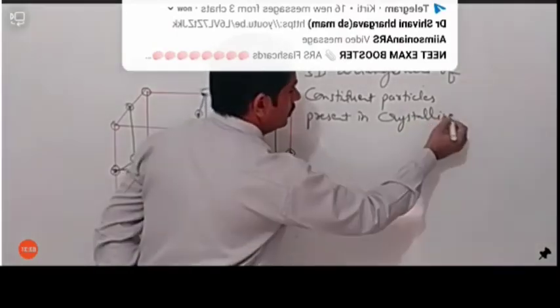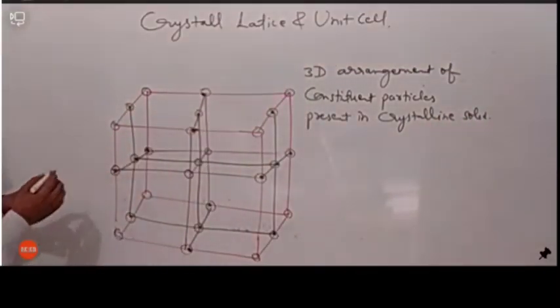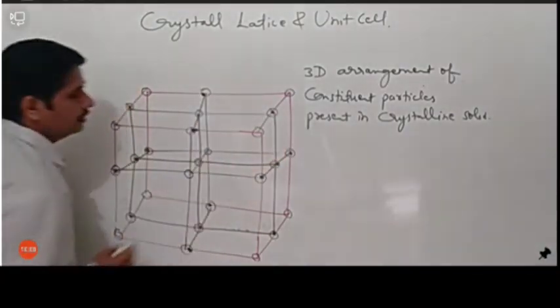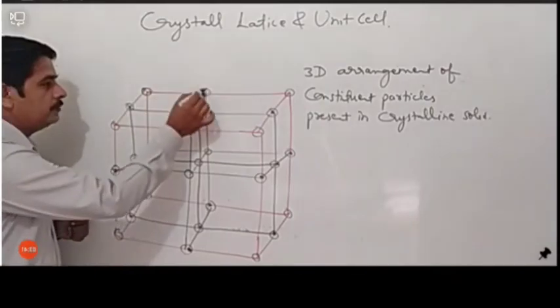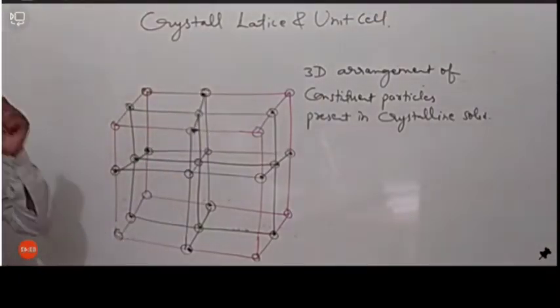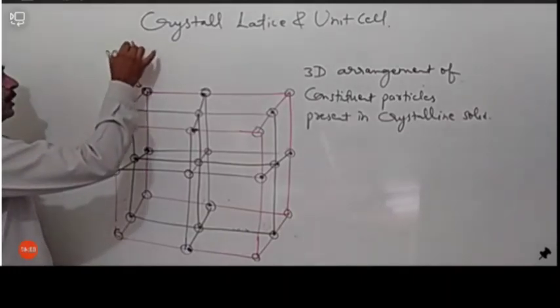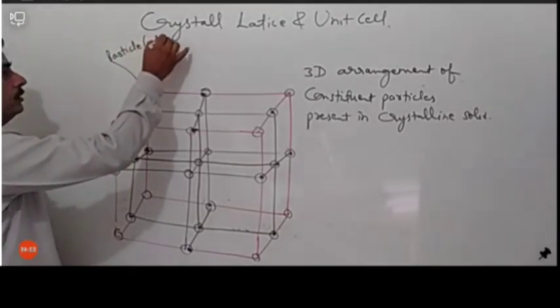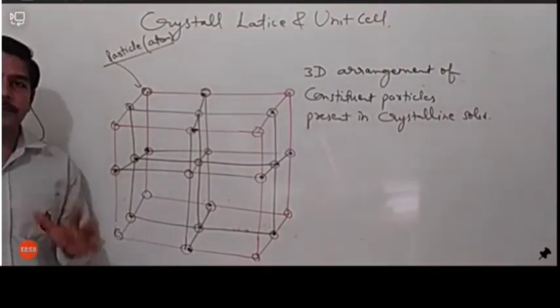In a crystalline solid, it is a 3D arrangement, and each dot or each particle shows an atom. This is a constituent particle. Each particle represents an atom in the solid.